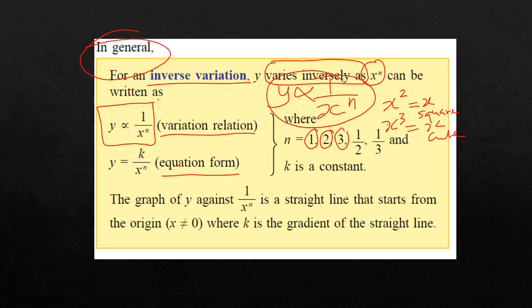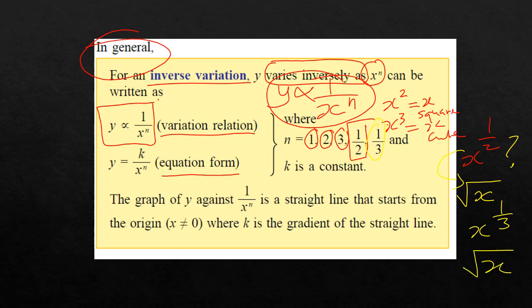Okay. What if x power 1 over 2? What is this? This is actually the square root of x. X power 1 over 3 is actually the cube root of x.